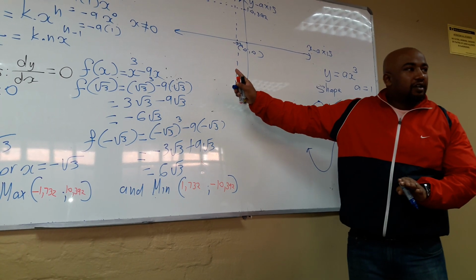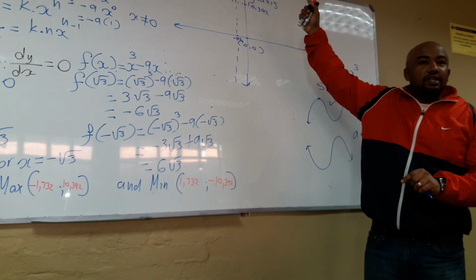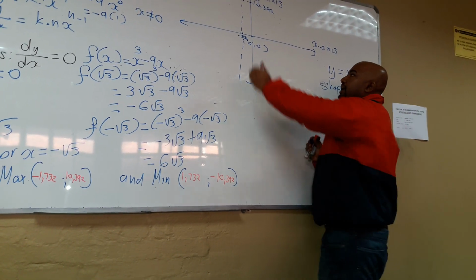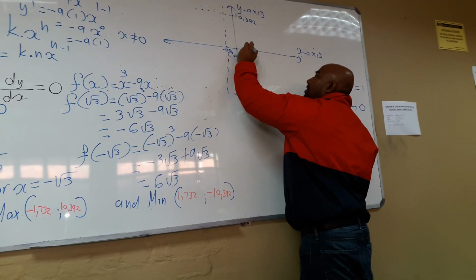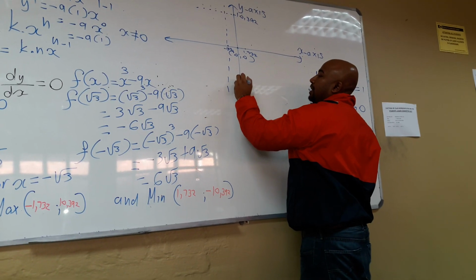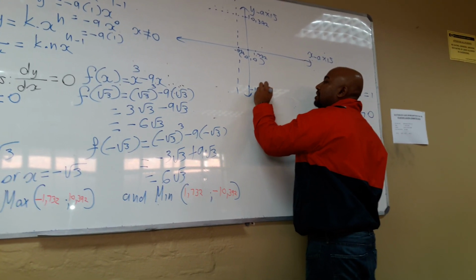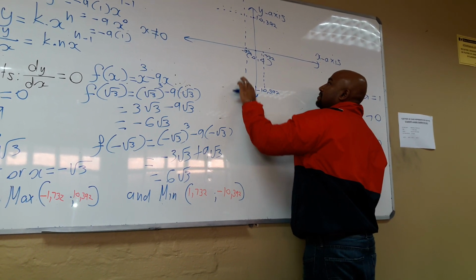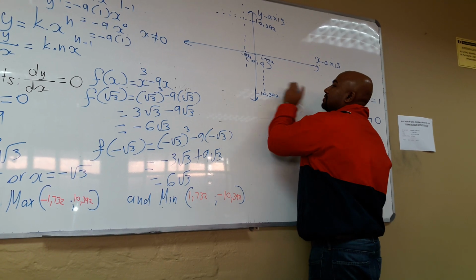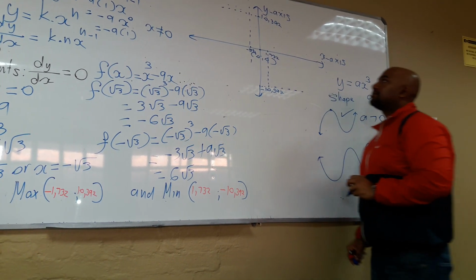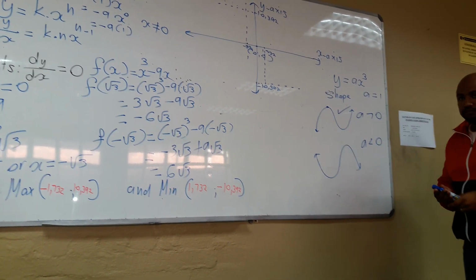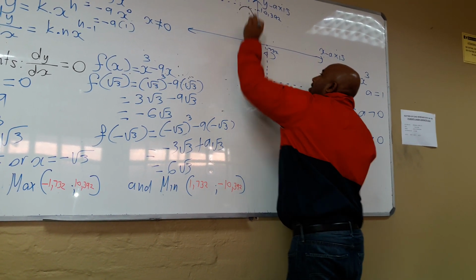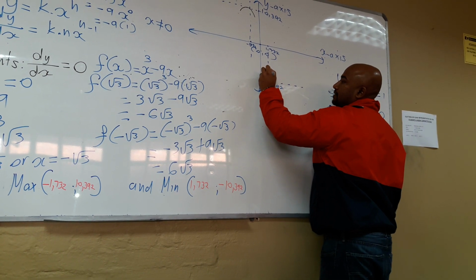When x is minus 1.732, y is a positive 10.392. Can you see that? Here, when x is a positive 1.732, your y is a minus 10.392. So we're going down there and here. Alright, so there's your maximum and there's your minimum.